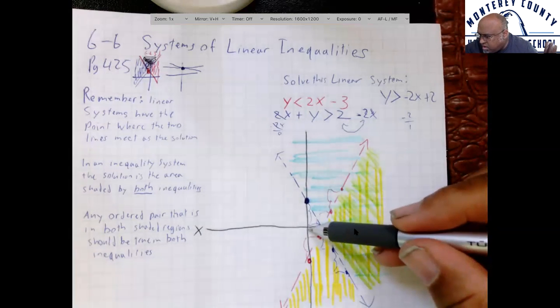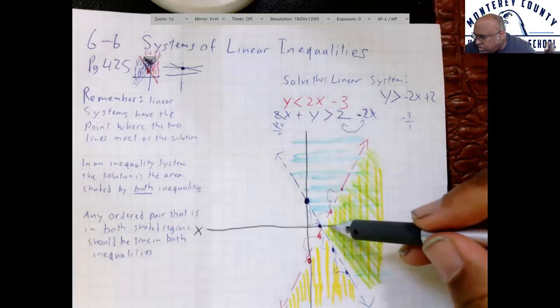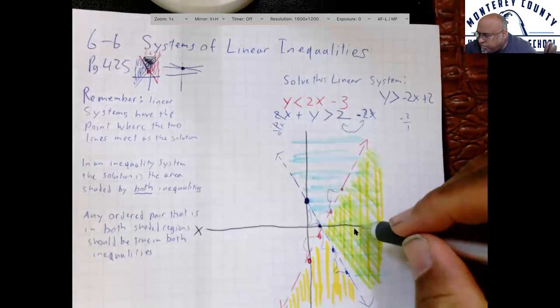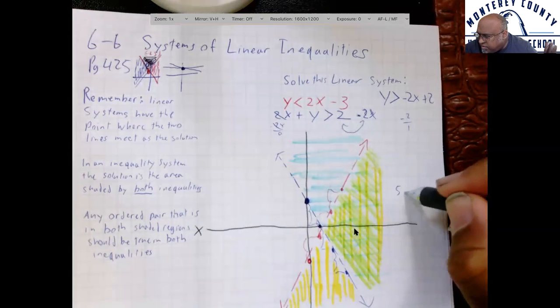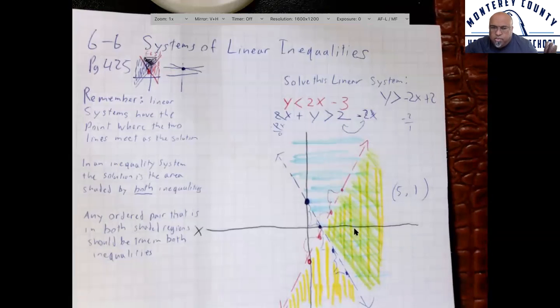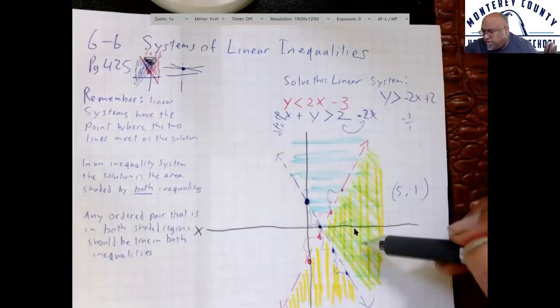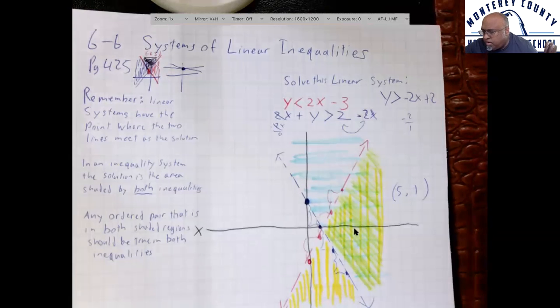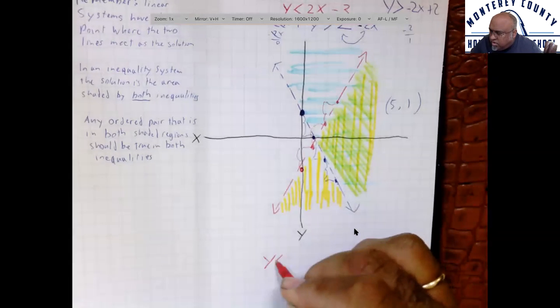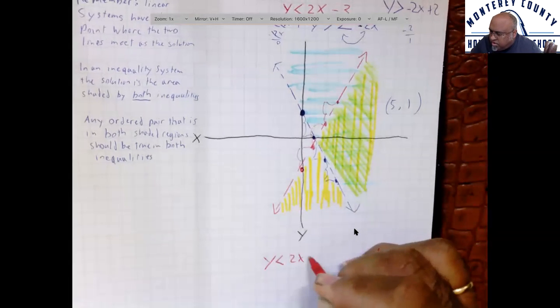So let's see. 1, 2, 3, 4. So we'll say 5 for the x value, and we'll just say 1 for the y value. I'm just picking a point that I'm fairly certain is in here. Now what I want to do is substitute that point into both equations. So let me go down here to the bottom, and I'm going to rewrite both inequalities. Forgive me, I said equations earlier, common mistake.